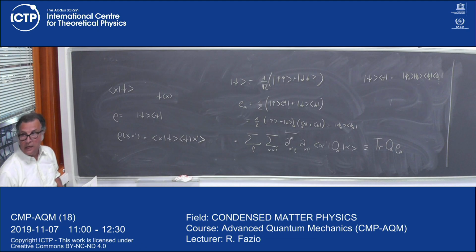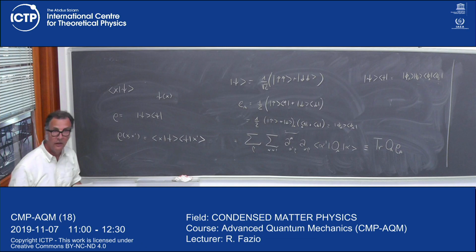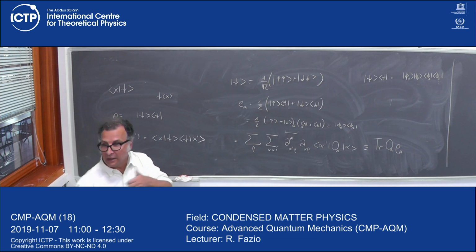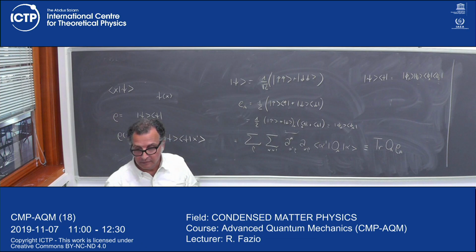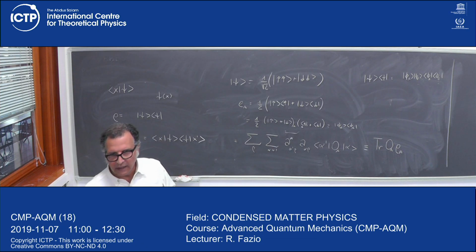Now, exercise. Should you do it now? No. Write down what is the density matrix corresponding to one free particle. Okay? Second, to a harmonic oscillator which is in the ground state. Did you study the harmonic oscillator, right? So you know what is the ground state wave function. You have to write the corresponding density matrix.